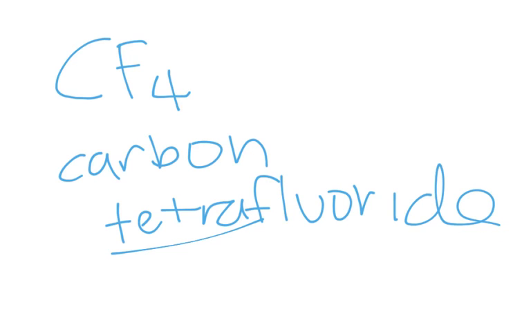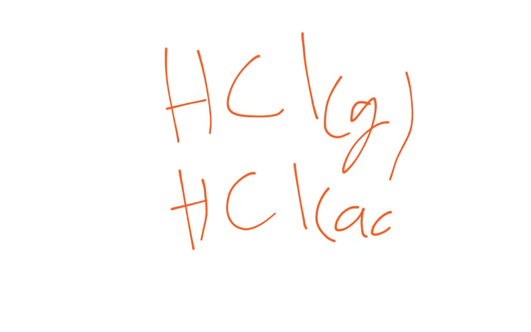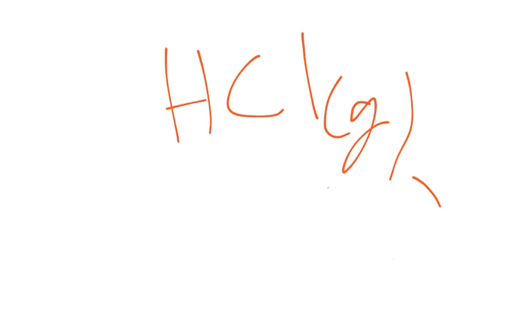Now let's try a few more. What about HCl? Let me put the gaseous form, because in later videos, you'll learn that HCl gas and HCl in its aqueous form are actually two different things, and they are named differently. For our sake, HCl will be a gas, and when it is a gas, we name it using the method I described.